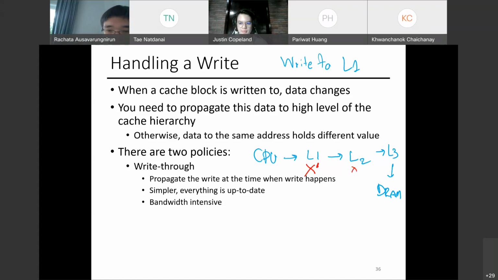L2 still has X, L3 still has X, DRAM still has X. Do I need to update L2, L3, and DRAM? If I know that the next time I want to access X again, it would first search L1, will there be any problem?